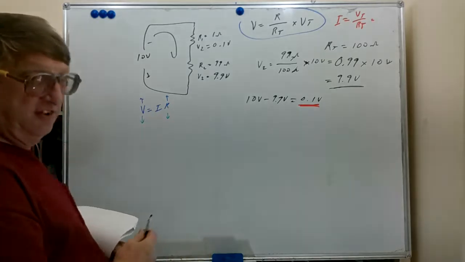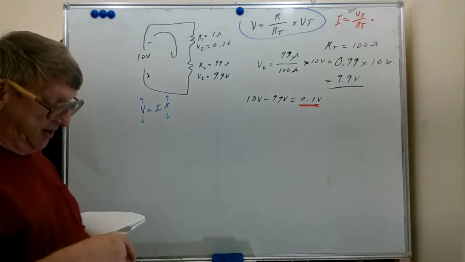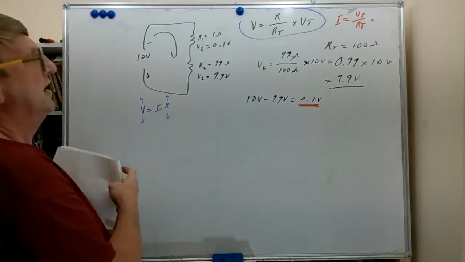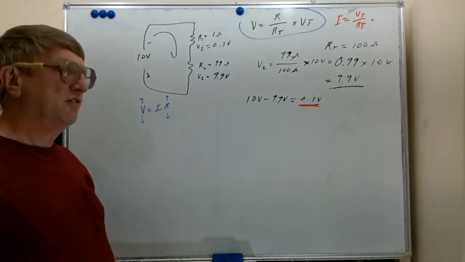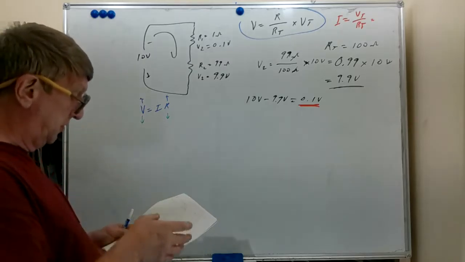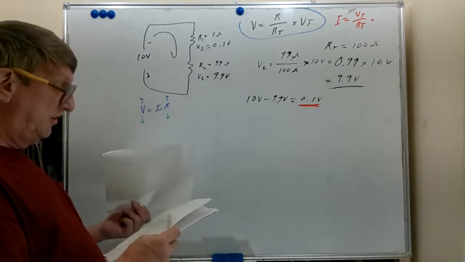So we're going to see in a series voltage divider type circuit, the most voltage is always going to appear across the largest resistance. The least voltage is always going to appear across the least resistance.